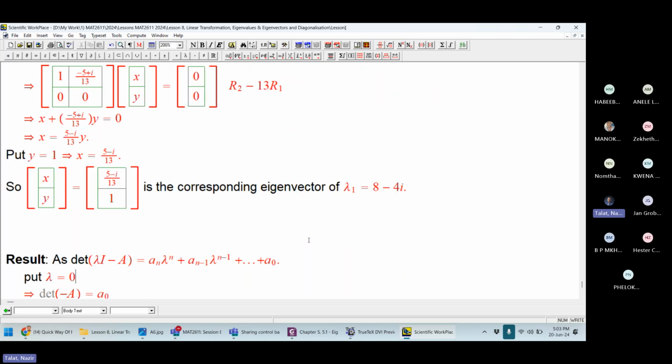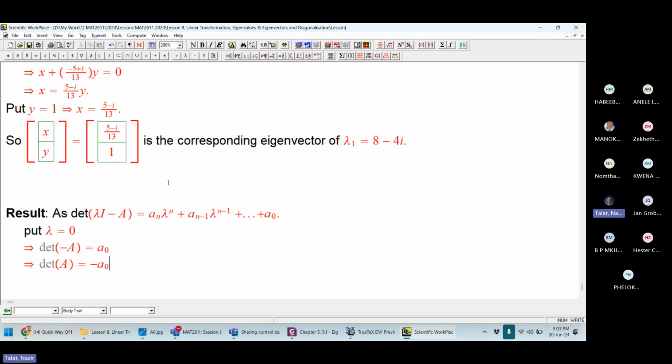So this is the example, and here there is one interesting result. We know the characteristic polynomial is the determinant of lambda I minus A, which is normally a naught lambda power n plus a n minus 1 lambda power n minus 1 plus up to a naught.